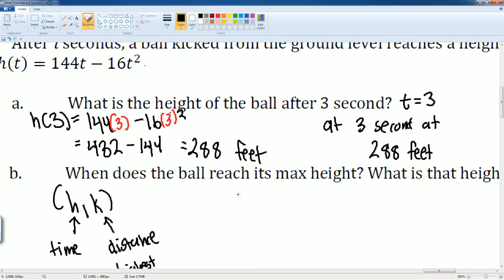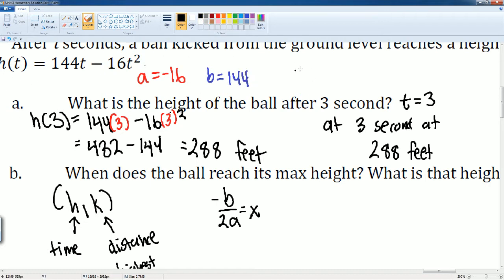So to find the vertex, you need to know a couple of values. So what we can use here is this formula of negative b over 2a. Okay? This is going to give us the x value. All right? So let's take a look here. So a is negative 16, and b is going to be 144.